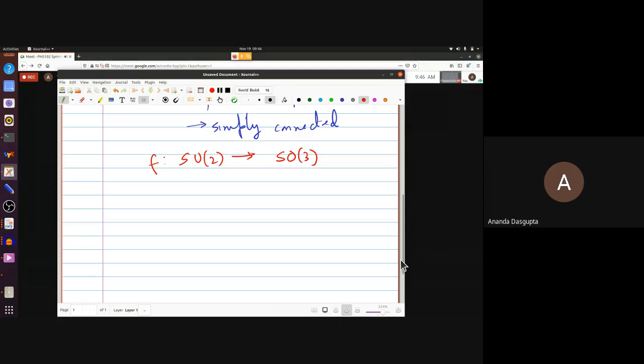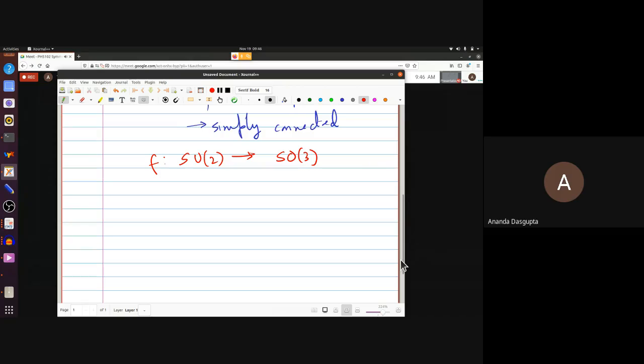So, by the way, do you know what this map is? The explicit map which connects SU2 to SO3? Do you know this?